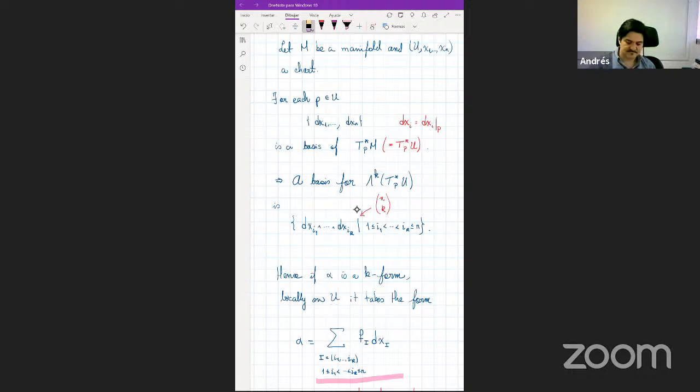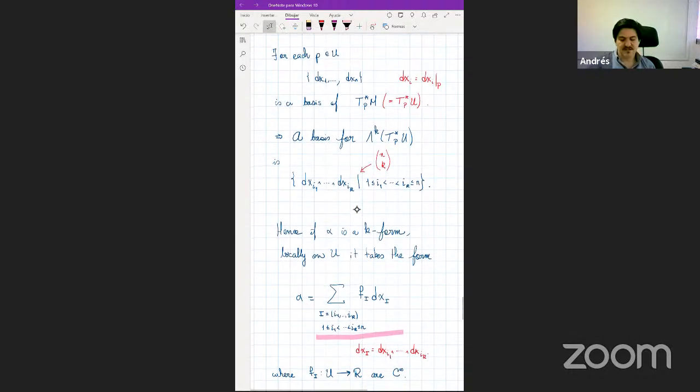The coefficients are smooth functions on U, and I wrote it here in short notation, but this stands for this. So this is how a local K-form looks, only on U.